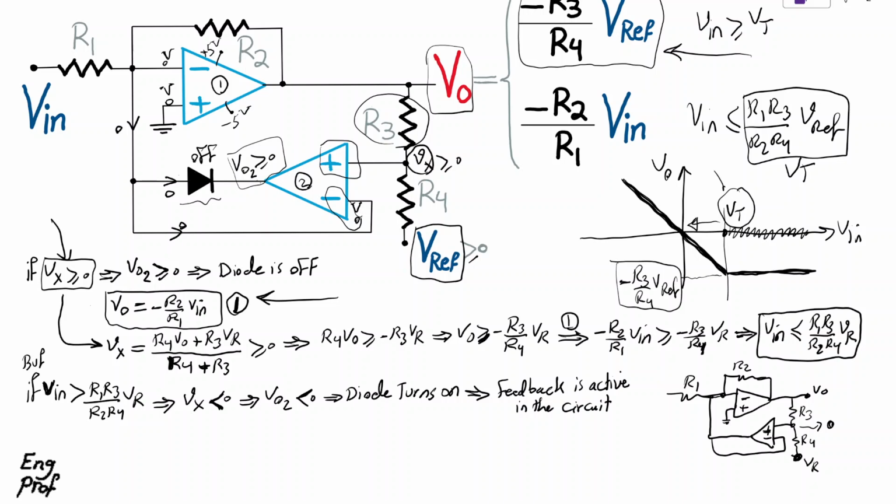So Vx as a result is 0 in this circuit, enforced by op-amp number 2. Vx being 0 is now just forcing a specific relation between Vref and Vout.